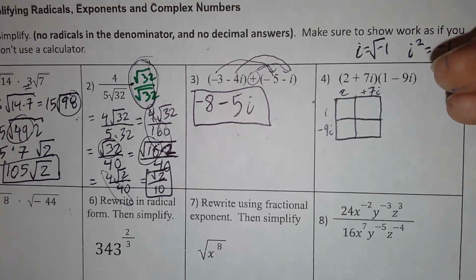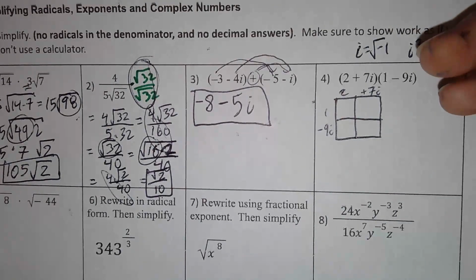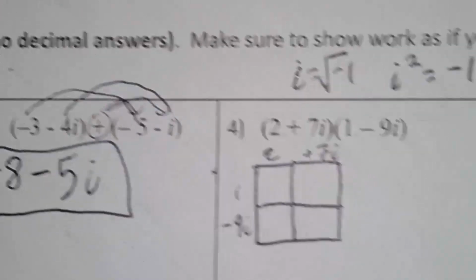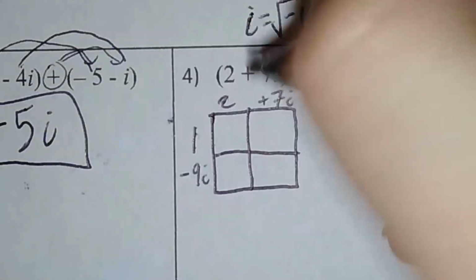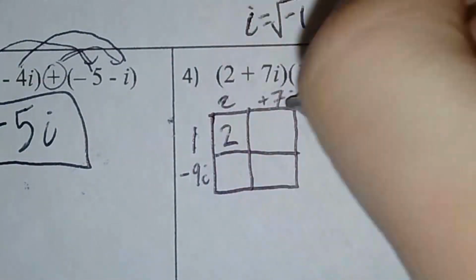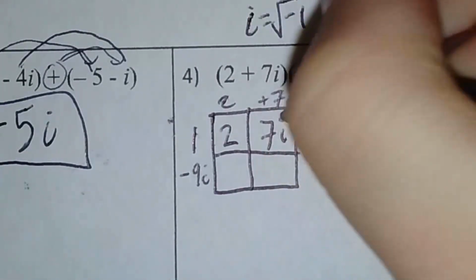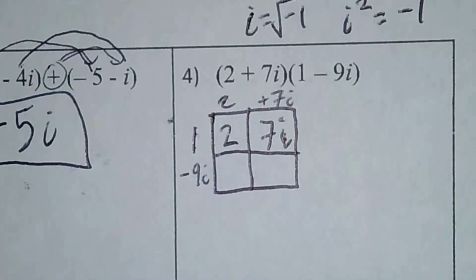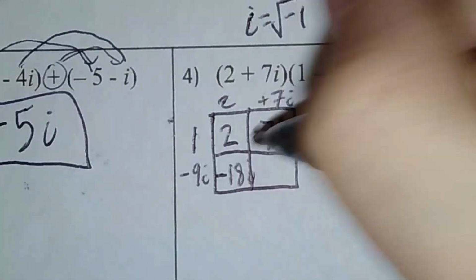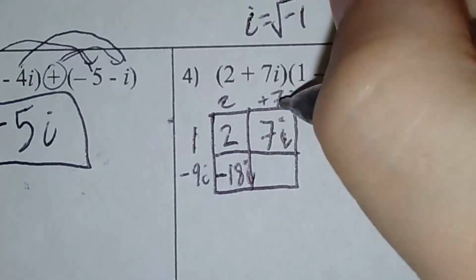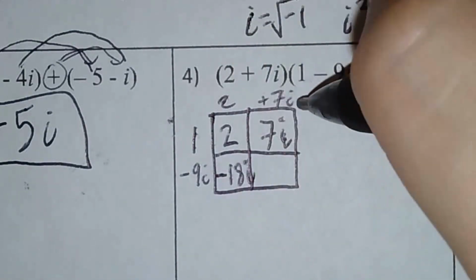Carefully multiplying these values together, 2 times 1 is 2. 1 times 7i is 7i. -9i times 2 is -18i. And -9i times 7i.